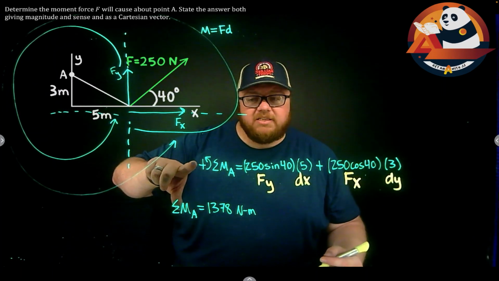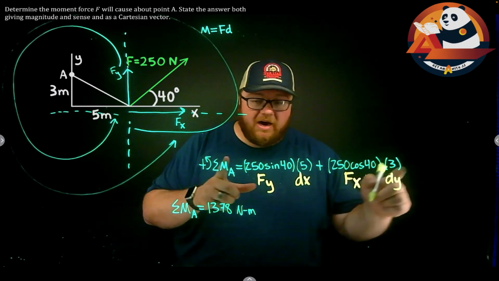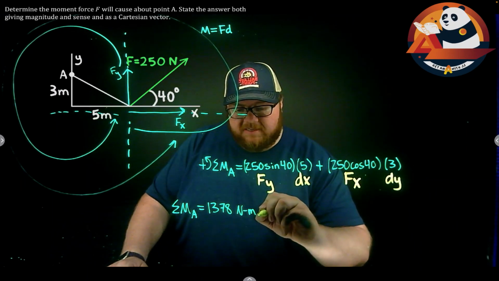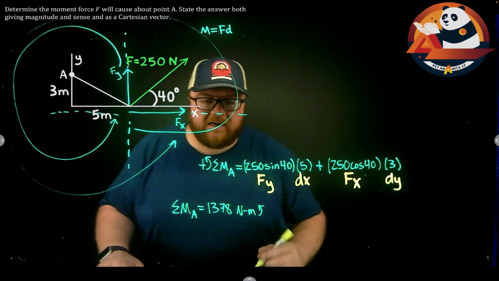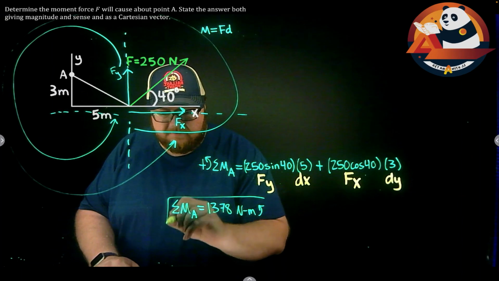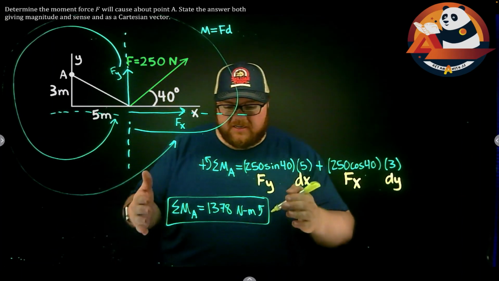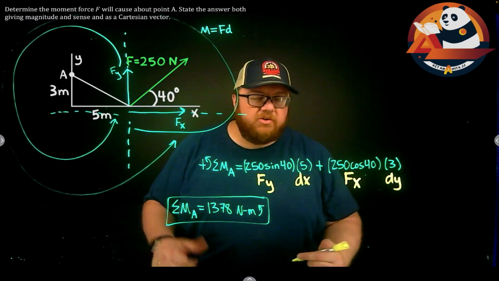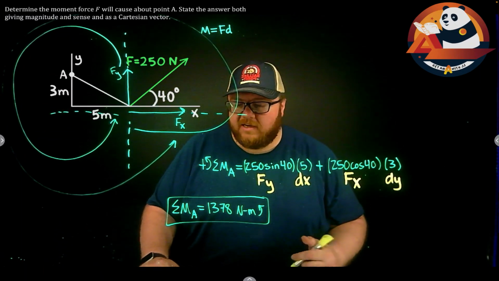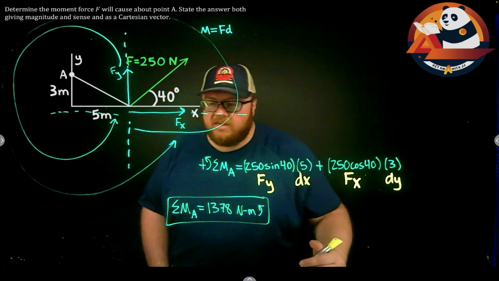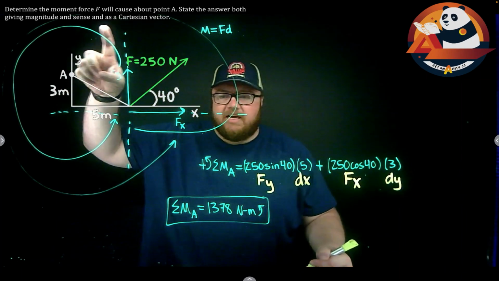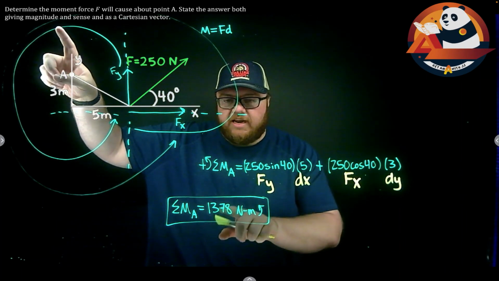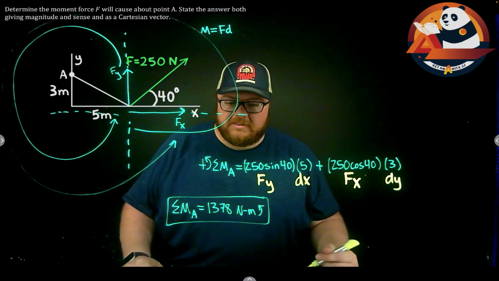I assume positive was counterclockwise. I got a positive number out from that, which means my assumption was correct. It is going counterclockwise. We will always present our moment answers as a positive number and say the correct rotation direction in there. It's just a common way of doing that. But that's our first one. Let's get this as magnitude, 1378, and sense, counterclockwise.